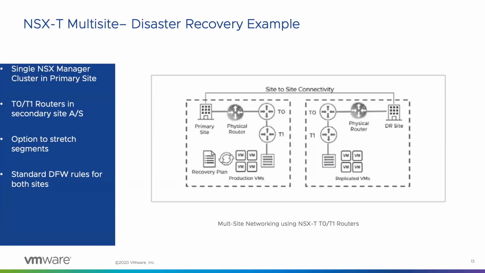Here we have the T0 and T1 routers that are sitting in an active-standby scenario. You can also do active-active if you wanted to. And then you have the option to stretch your segments across the data center. This is basically more of a configuration option that you have in how you architect your environment.